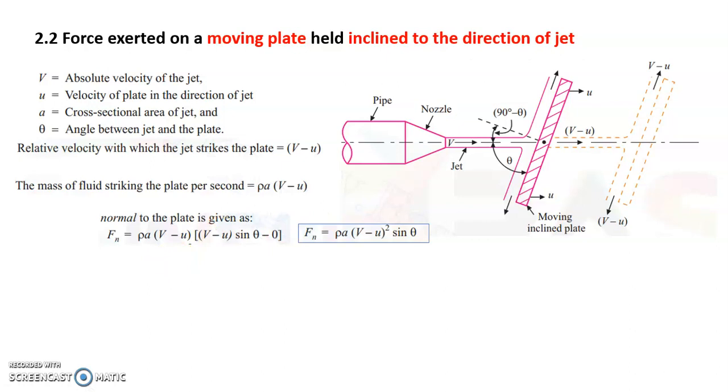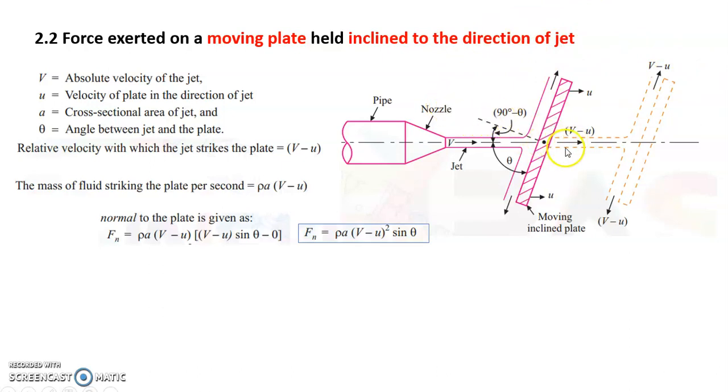This is the direction of the jet which is under consideration, and this is the normal plane. The velocity before striking is (v minus u) sine theta, or (v minus u) cos of 90 minus theta. And in the same direction, in the normal direction, there is no velocity after striking.